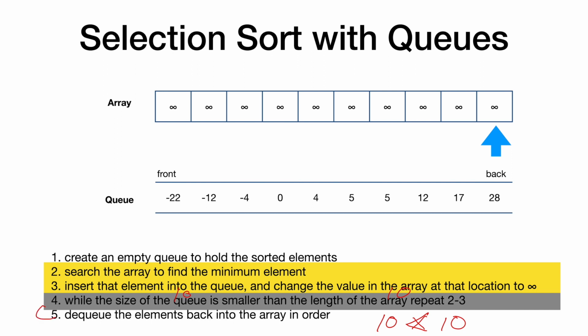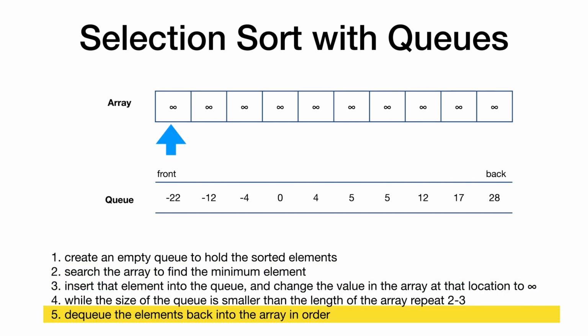So now we go on to step 5. Step 5 says dequeue the elements back into the array in order. So we're going to run dequeue, and that's going to remove -22, and we're going to place it right here. Boop. And now -22 is in its correct place.